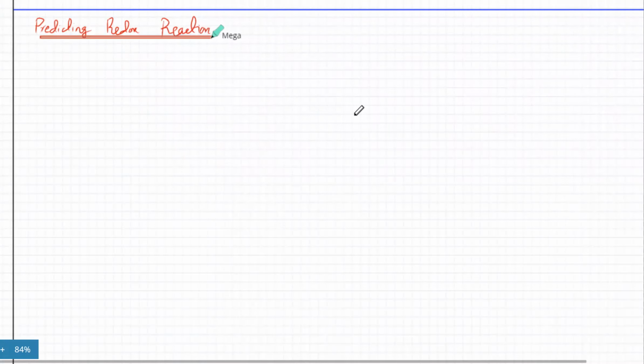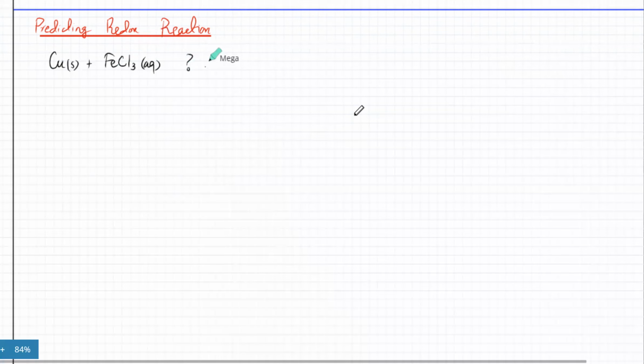Now, the first thing when it comes to predicting redox reactions, let's take an example first. I've got copper, and copper reacts with FeCl3, and FeCl3 is aqueous. So copper over here is a solid. I want to figure out what the reaction is going to be.